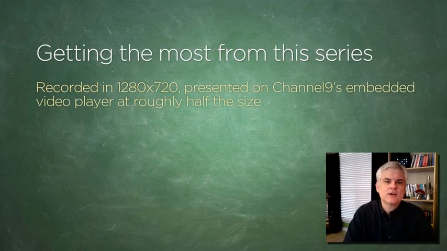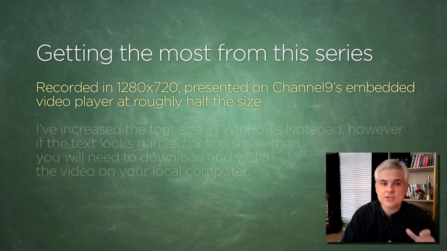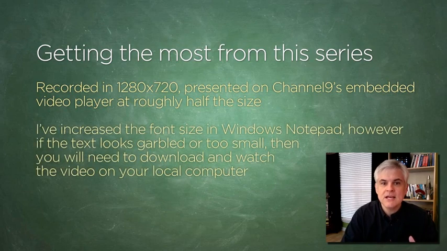Okay, before we get started, the videos embedded on the web page on Channel 9 are presented somewhat smaller than how I originally record them, which is in high def, 1280 by 720. Now, I'll increase the font size of the text that I type into Notepad. However, if the text seems obscured or difficult to read, then it may have to do with the speed of your internet connection.